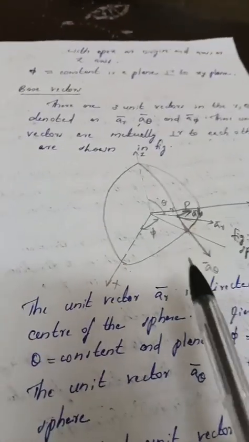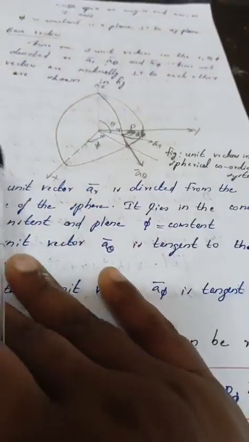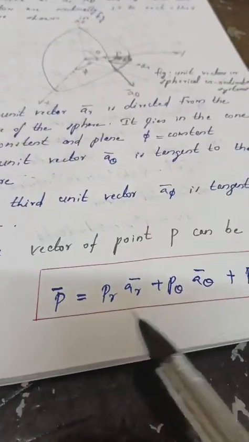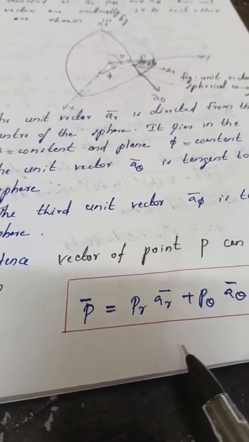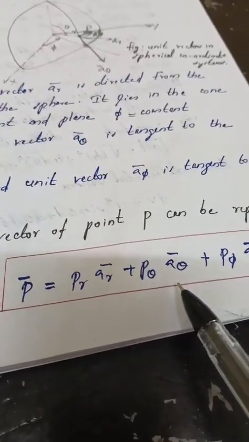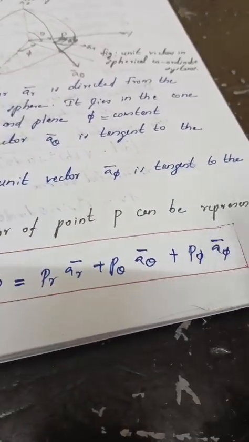Then base vectors. The unit vector ar is directed from the center of the sphere. Vector of point P can be represented as P vector equal to Pr into ar vector plus P theta a theta vector plus P phi into a phi vector.